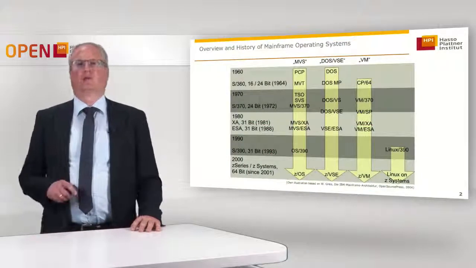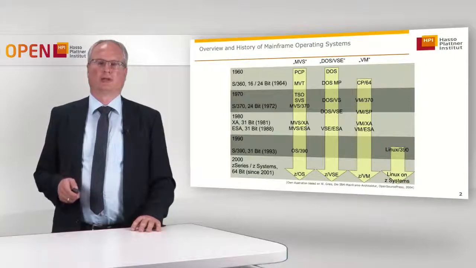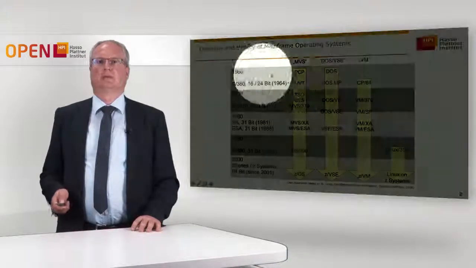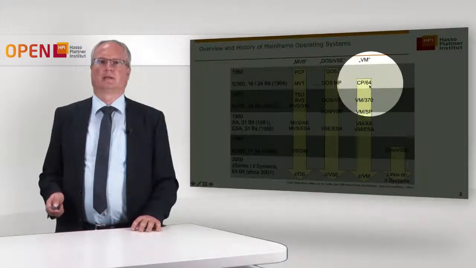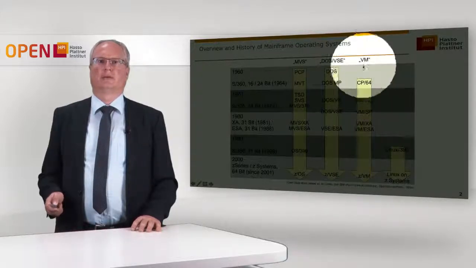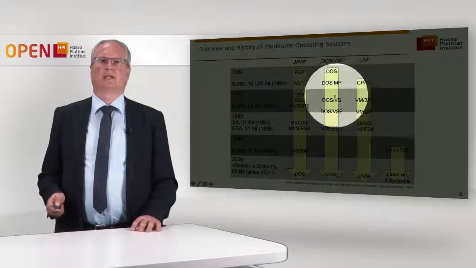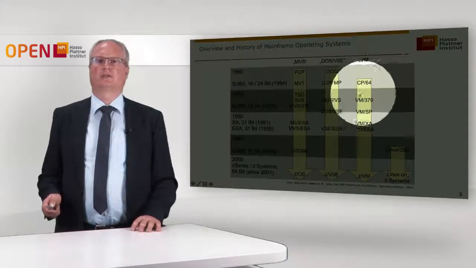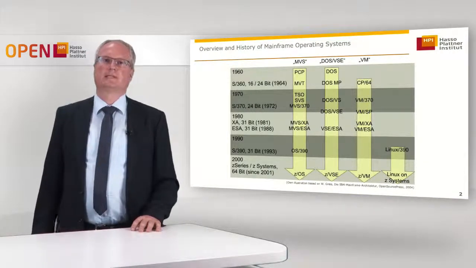If you look at the overview slide, history and evolution of mainframe operating systems, we see that there is a separate path here for VM, or what now is called zVM. And you see that it has been around for a long time, the origins dating back to the early 70s and late 60s.